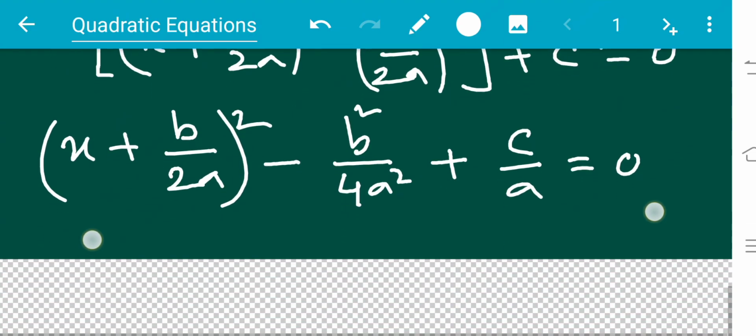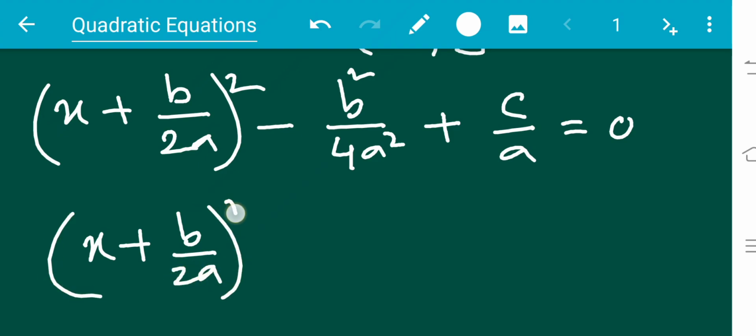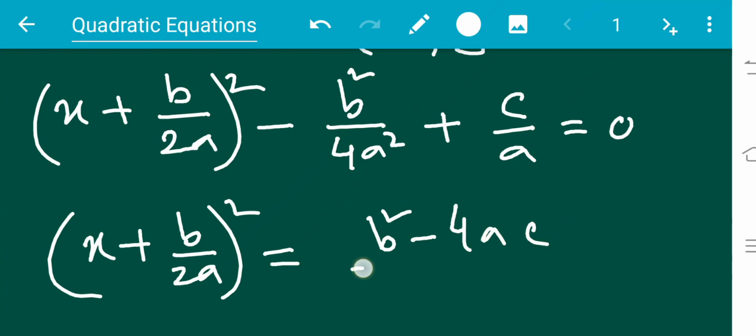So from here I can write x plus b by twice a whole square is equal to b square minus 4ac divided by 4a square.